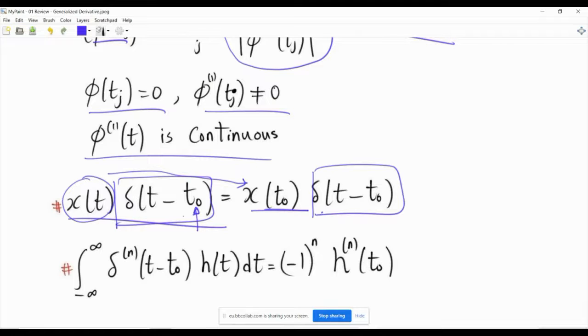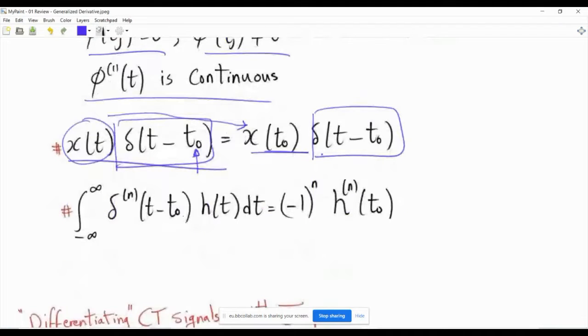The Dirac delta is designed to be infinitely differentiable, and we can define the effect of its nth derivative as follows: if it's coupled with some function h of t under the integral sign, it gives you the value of the nth derivative of the function, assuming, of course, that it exists, evaluated at t0. Because typically this is done using integration by parts, there will be an alternating sign, and we will have to use this factor (-1) to the power n.